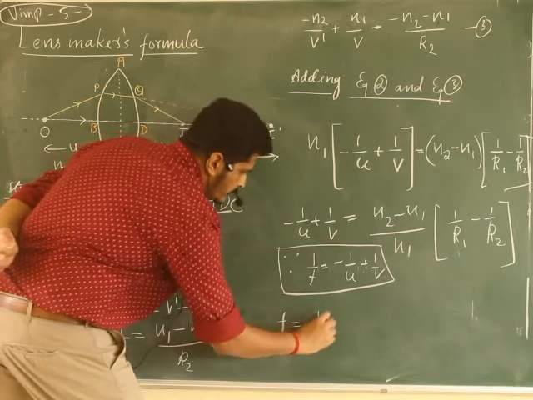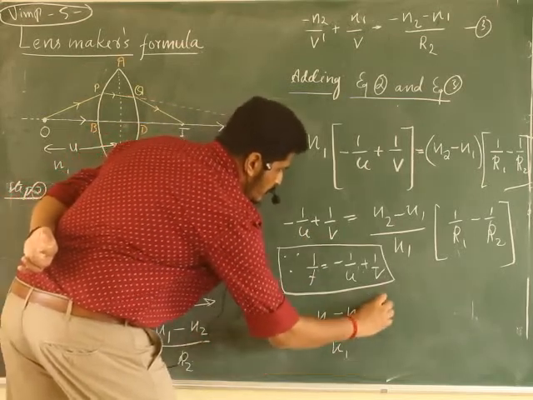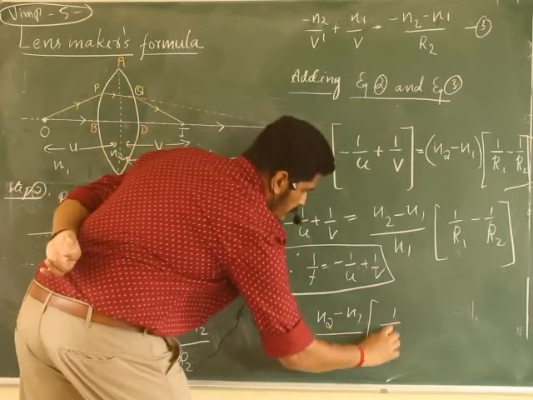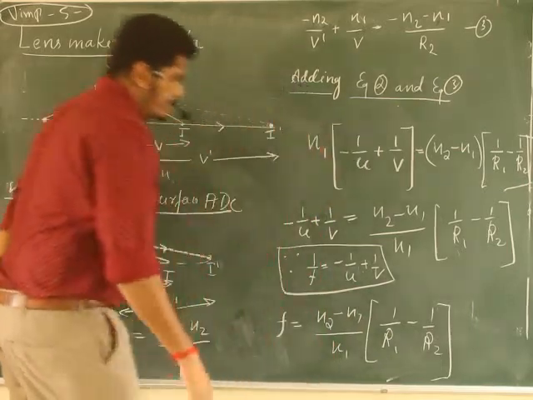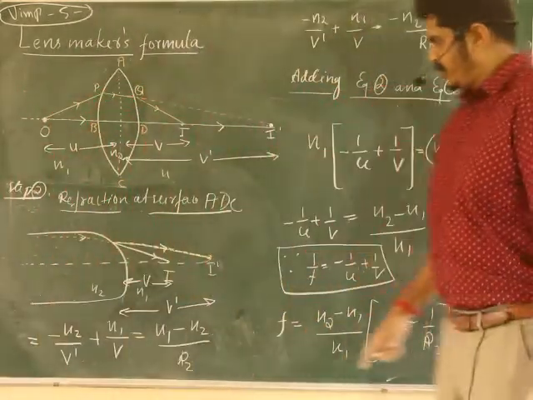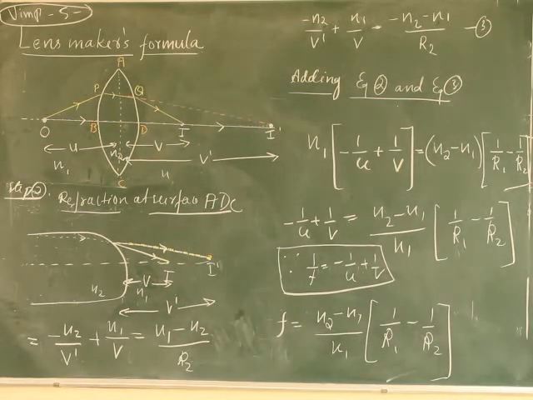So 1 by f equals (n2 minus n1) divided by n1 into (1 by r1 minus 1 by r2), like this. So this is the very important 5-mark derivation. Okay, carefully have a look.